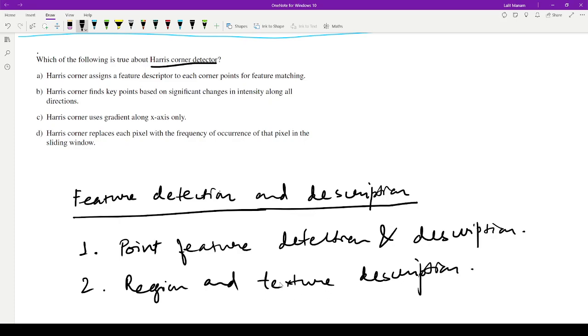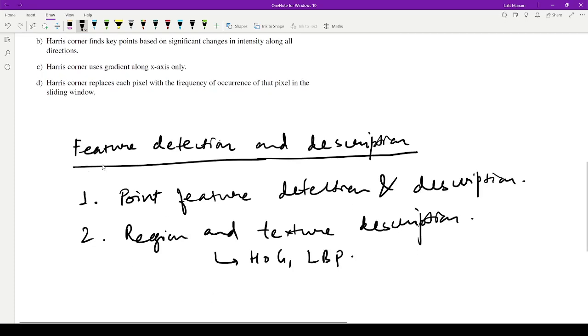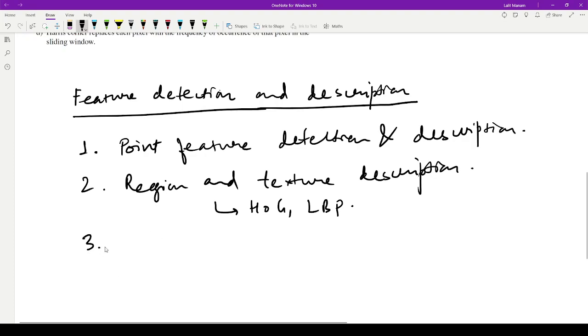For region and texture description, there were multiple things like HOG, LBP. These are all based on region and texture description. And the third one is what? Image global description, right?